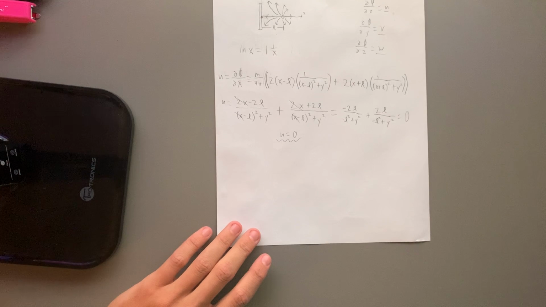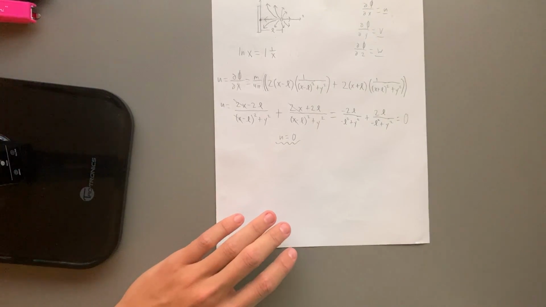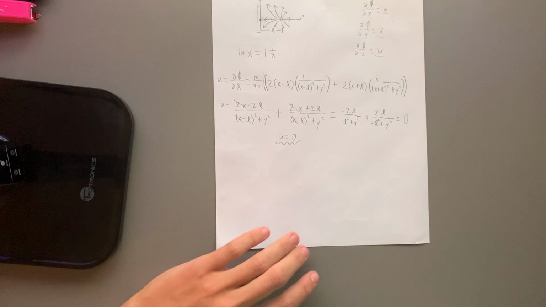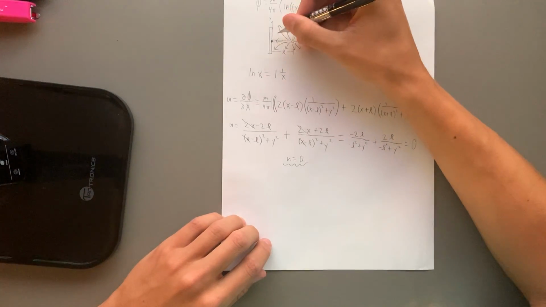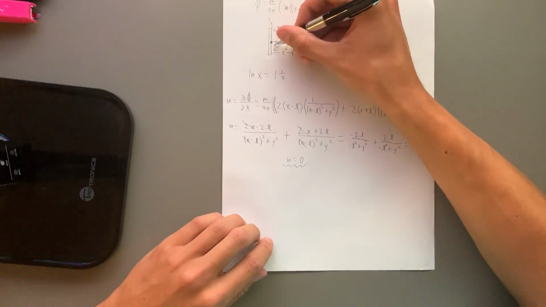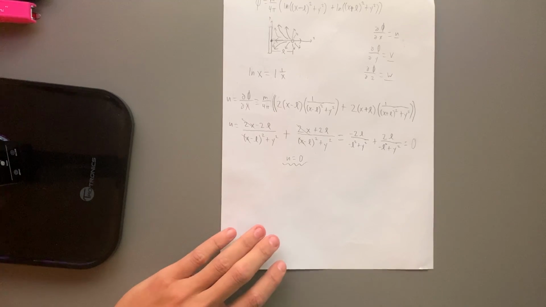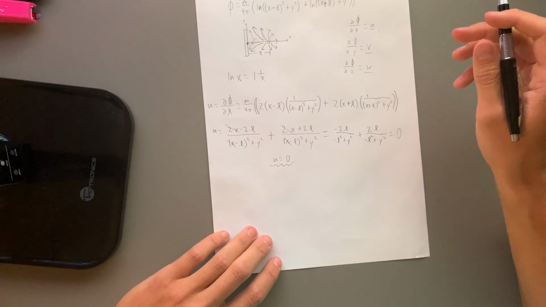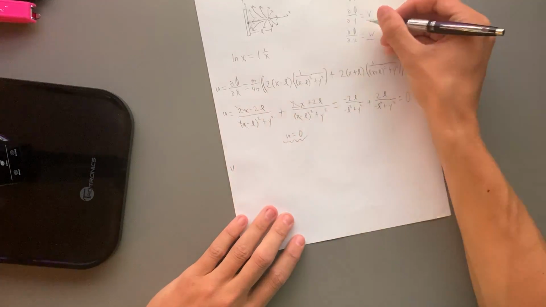So now what we have to do, part B, it says determine the velocity distribution along the wall. So, all right, what are we looking for? So along the wall, the velocity is being distributed up and down here. Okay, great. So we need to find v.